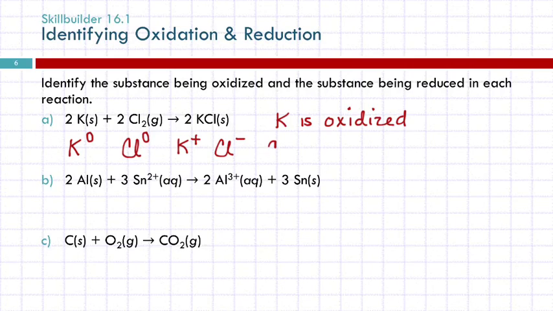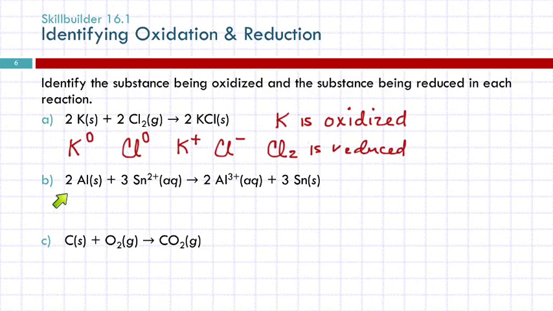The chlorine. So the Cl2 is reduced. In a question like this, the answers always come from the reactants. Which one's being oxidized, which one's being reduced. And when we only have two, one's being oxidized and the other's being reduced.